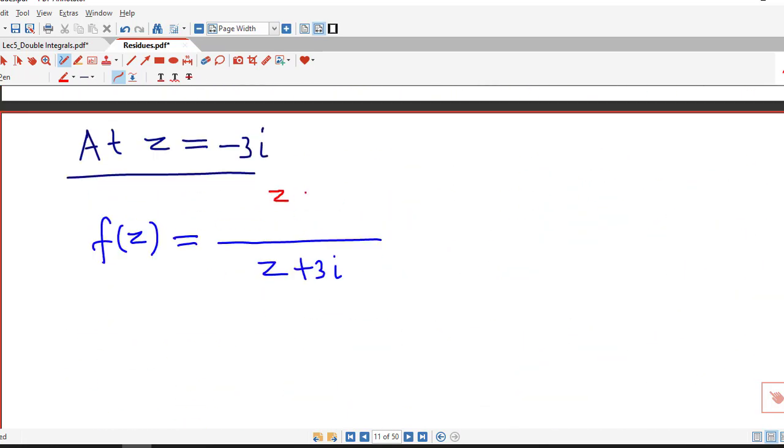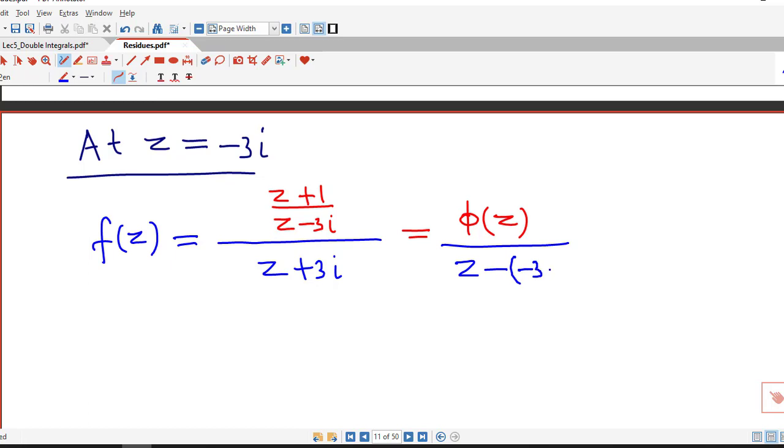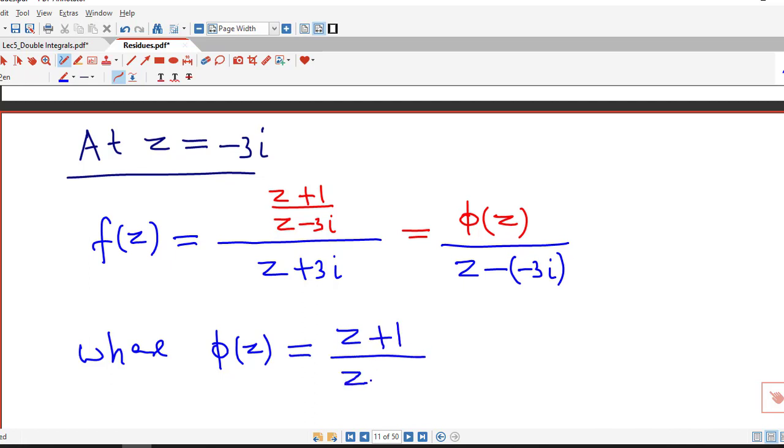So this is going to be phi of z divided by z plus 3i, where phi of z is nothing but z plus 1 over z minus 3i.